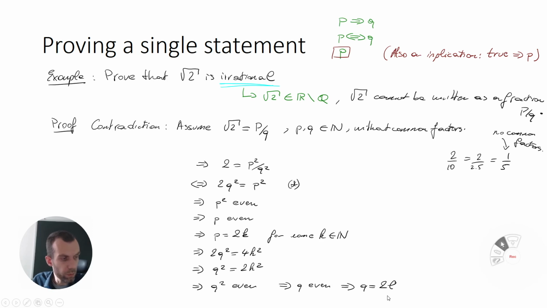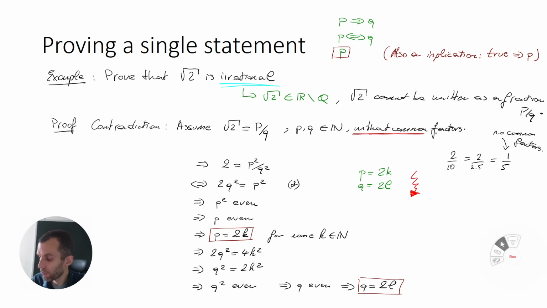And now let me lift out the 2 conclusions that I've obtained. Well, I've written p as 2 times k and q as 2 times L. So p is 2k and q is 2L. And that gives me my contradiction, because here I assumed that I could write square root of 2 as p over q, with p and q not having any common factors.